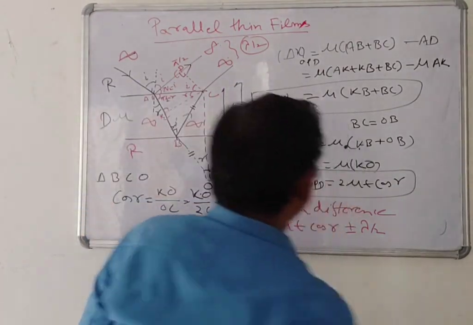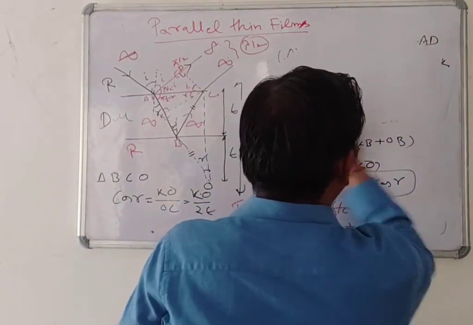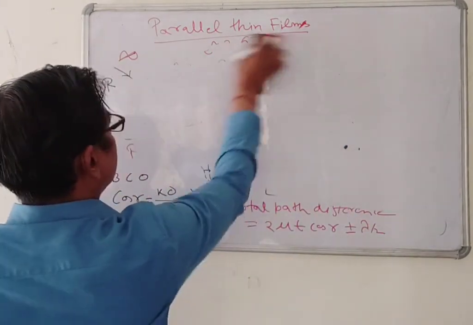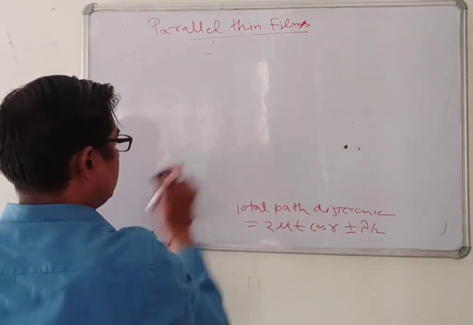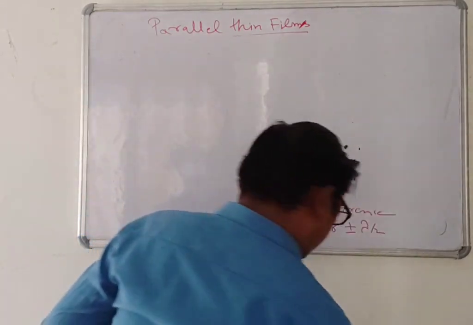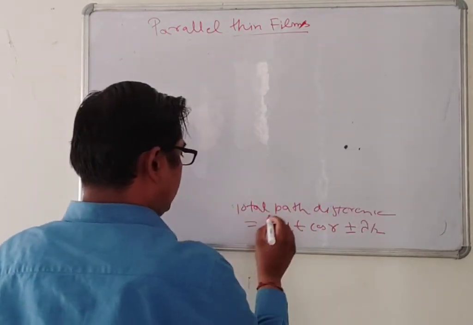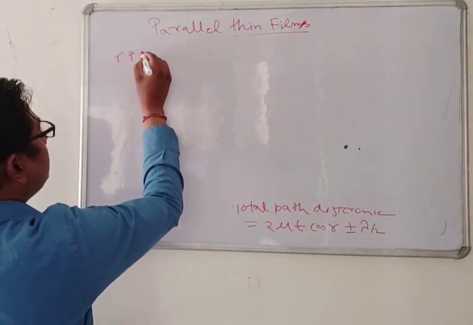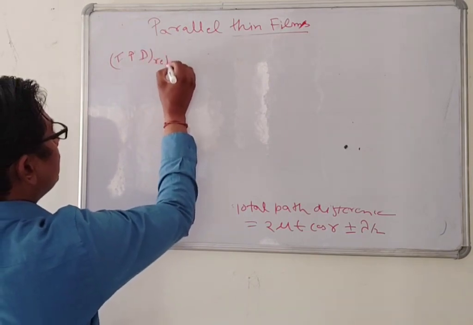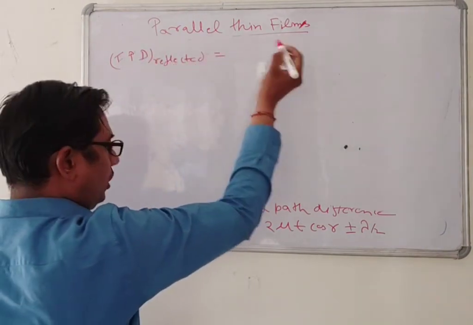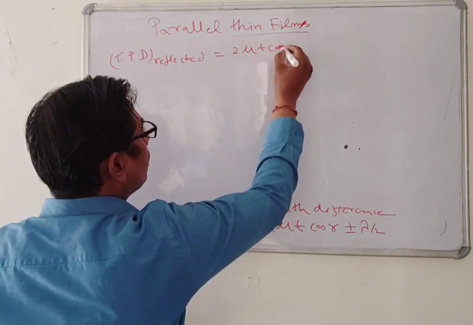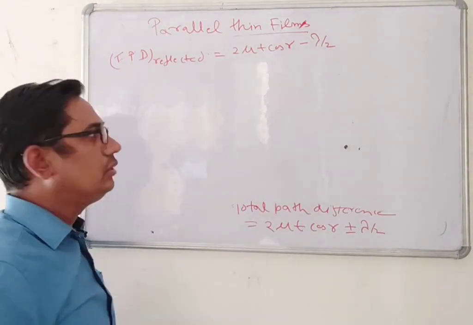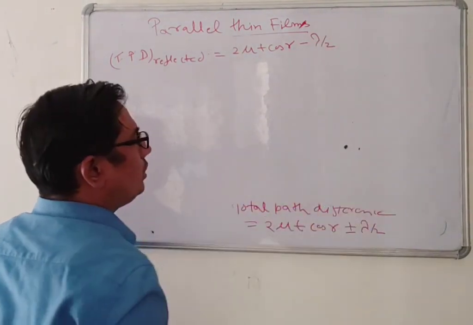The total path difference in case of reflected light is equal to 2 mu T cos R minus lambda by 2. I am using minus here, you can use plus minus.